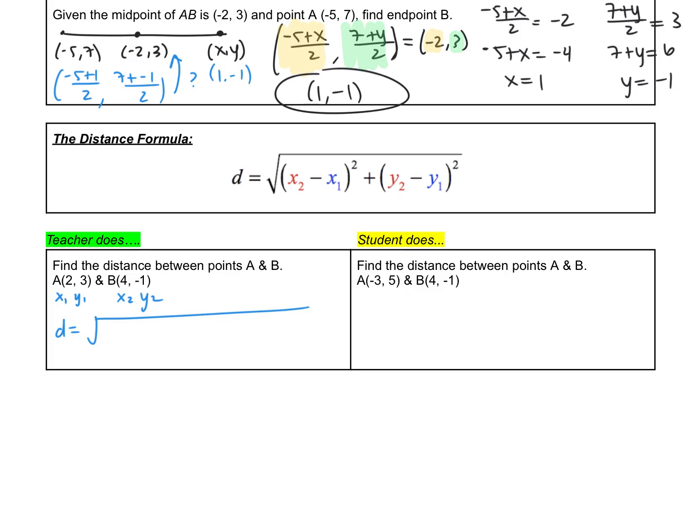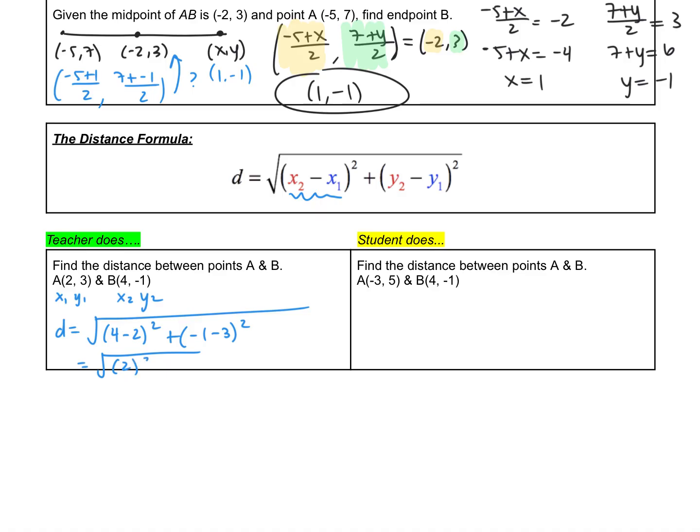So if I do my distance formula, I'm going to start with x2 minus x1. So I'm going to have 4 subtract 2, and then I'm squaring. You have to remember you're subtracting. And then for my y's, I start with the same y, -1. I subtract the other y and square it. So keeping in mind order of operations, we're going to have to do the parentheses first.